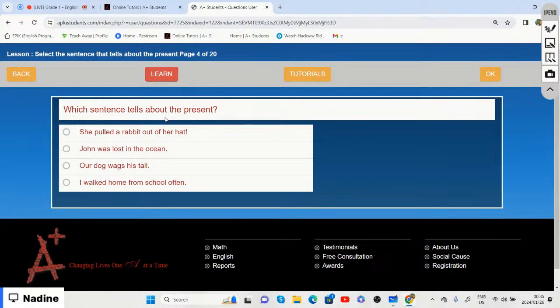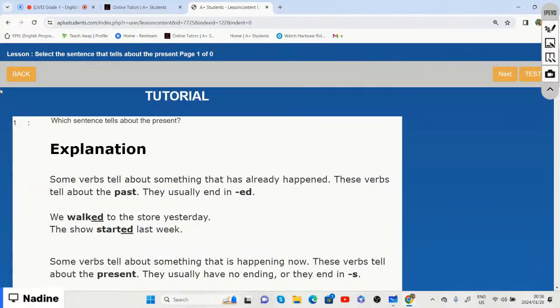John was lost in the ocean, or our dog wags his tail. And if we show the action that is taking place now, we can say the dog wags his tail. Then that basically tells us about the present, sorry.